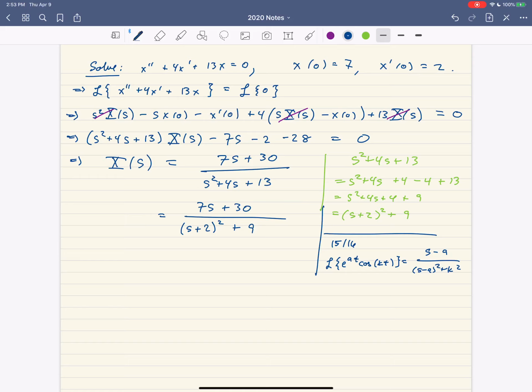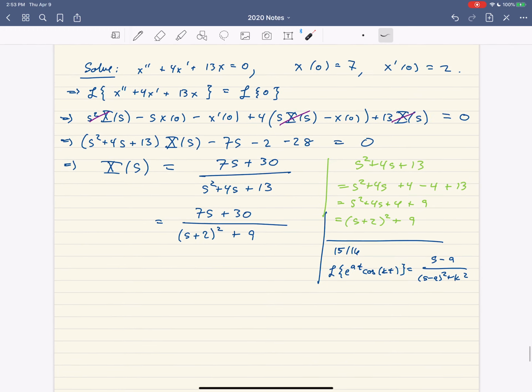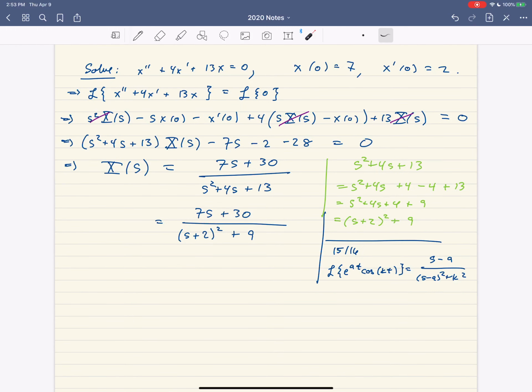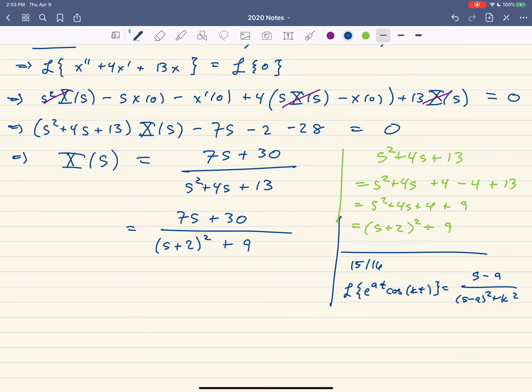So clearly our k is 3, and our a is going to be negative 2. But if we just have an s upstairs and not an s minus a, this isn't true anymore. What we need to figure out is how to put an s plus 2 in the numerator.